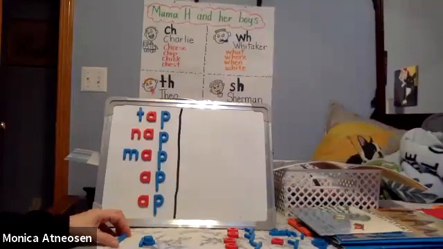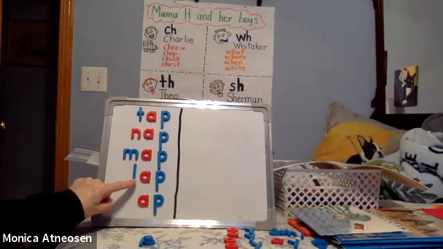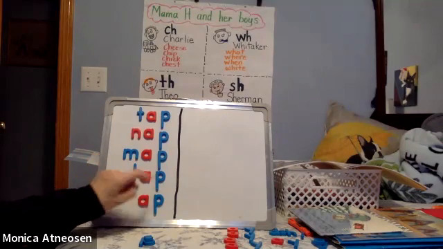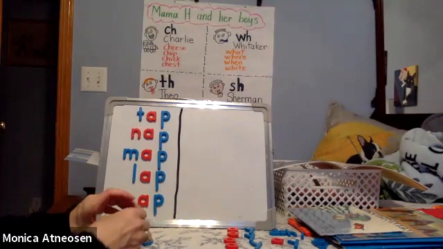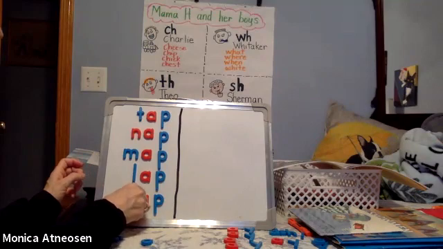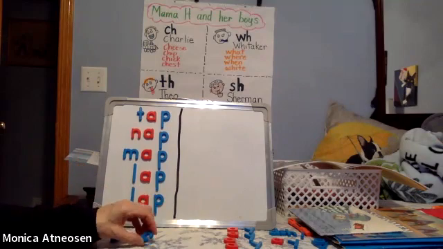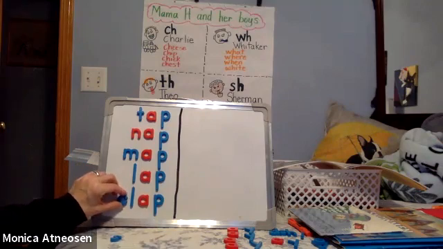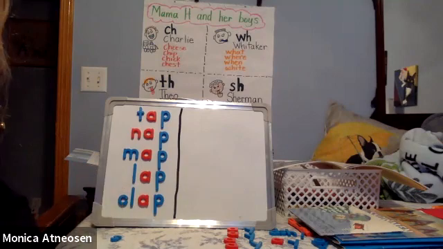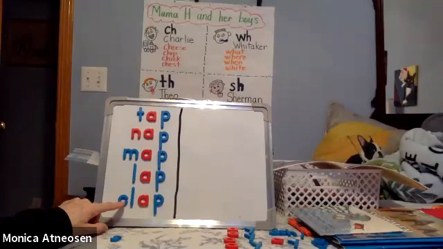Let's do an L. We change it to an L in the beginning, we would get app, lap. Now we're going to do something else where I'm going to put that L down here and we still have lap. But let's see what happens if we add one in the front of here. Could we still pretty easily figure that out? We could sound it out.